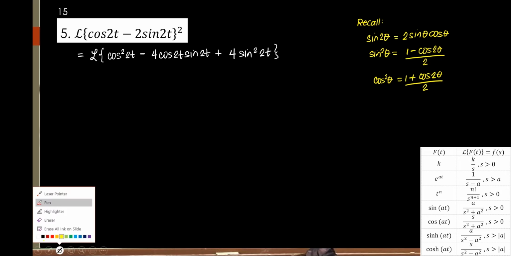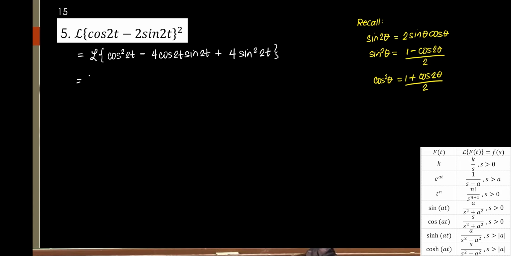So using those concepts, what will the first be, guys? Let's apply first the concept of cosine squared. That becomes 1 plus cosine 4t all over 2 minus this one. This is basically 2 sine of 4t. And then this is 4 times 1/2 of 1 minus cosine of 4t.